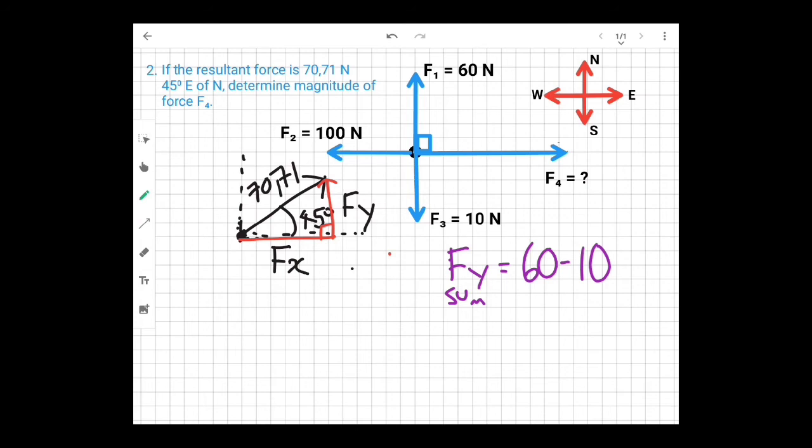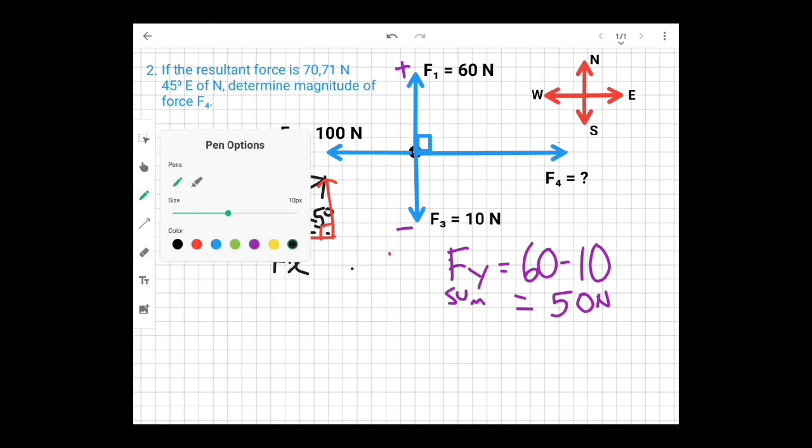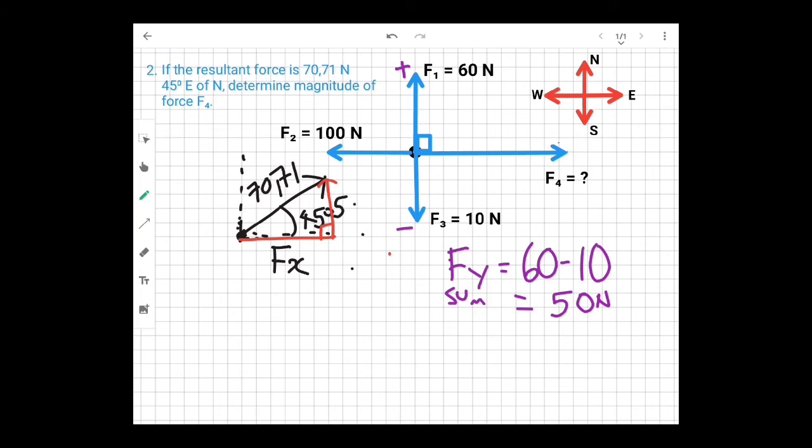Because going up on the y is the positive direction, going down on the y is the negative direction. So this gives me a total of 50. So Fy is actually 50 newtons. So this side of this right angled triangle is now 50 newtons.